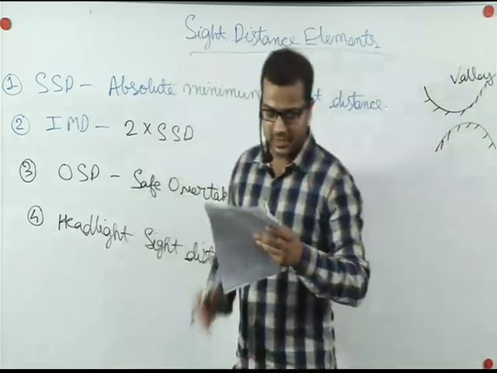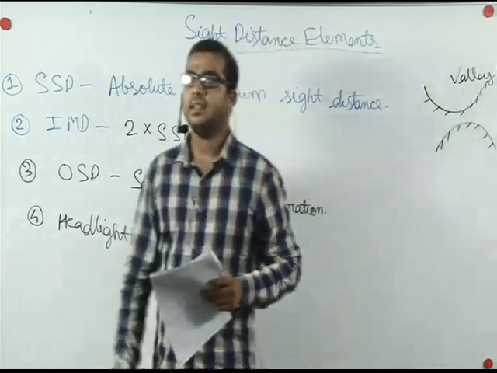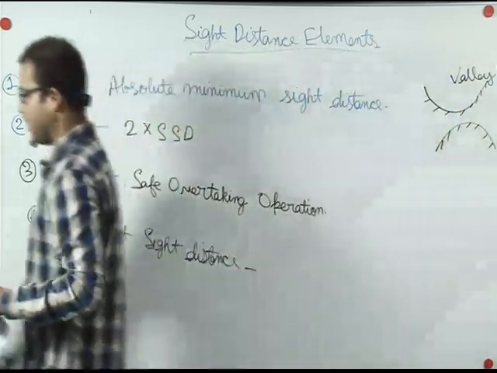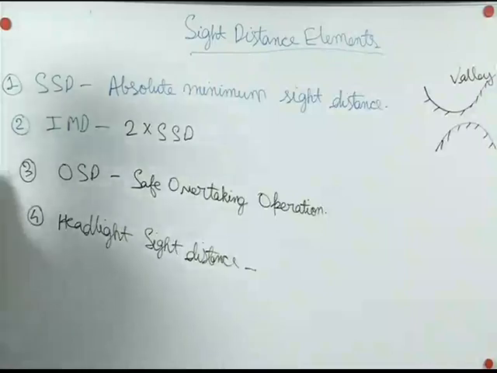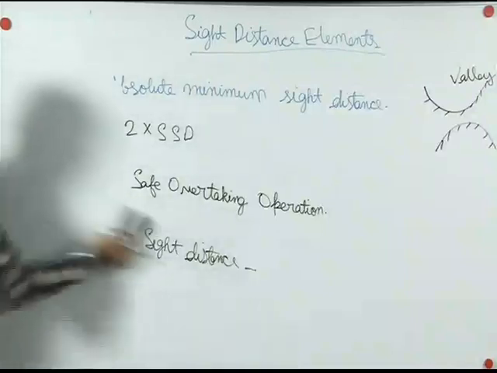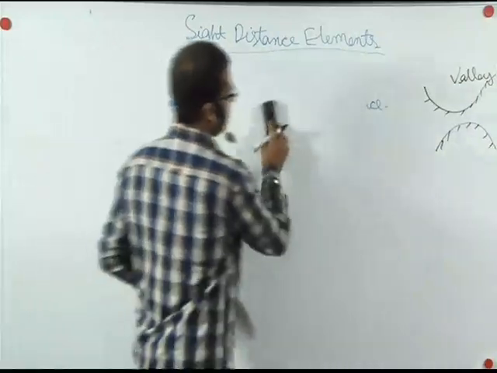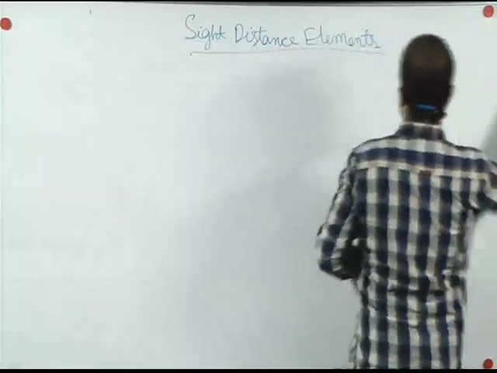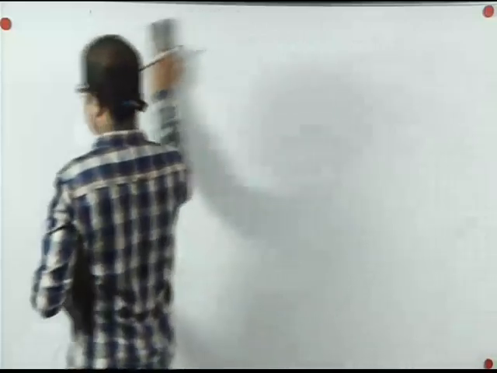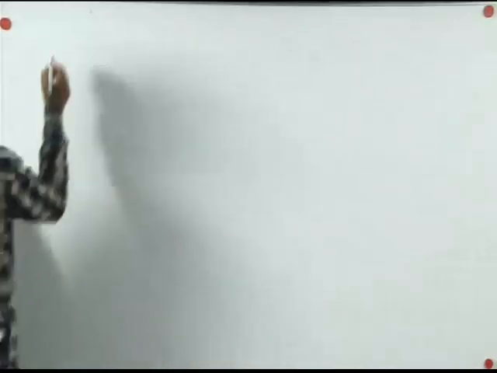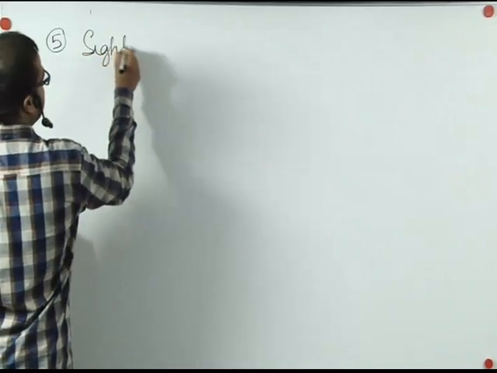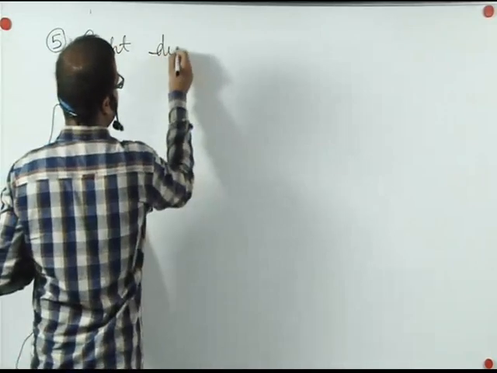While the last one is sight distance at intersection.